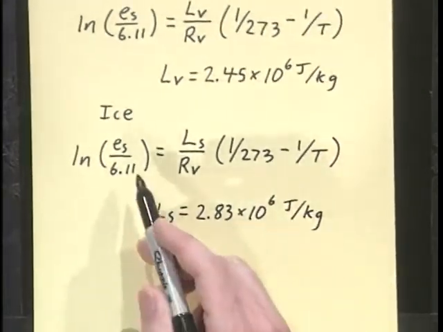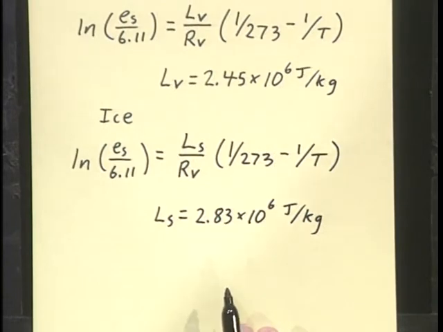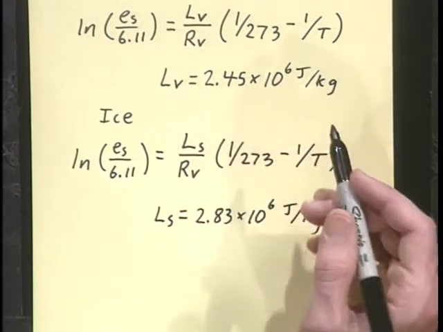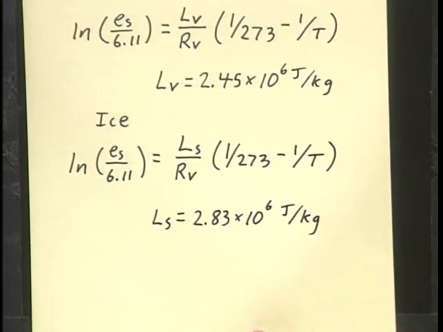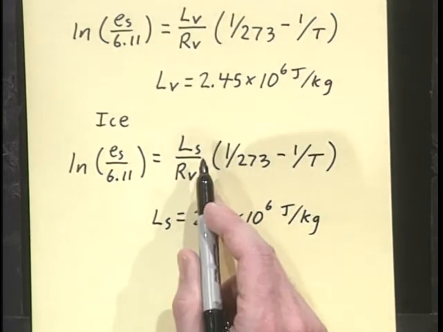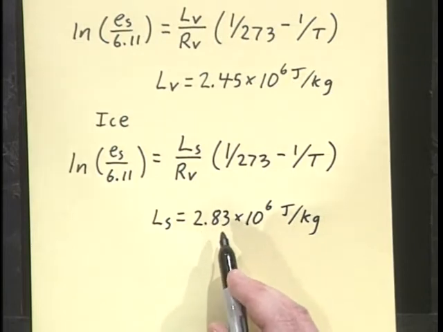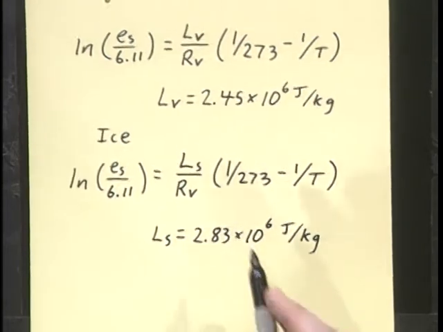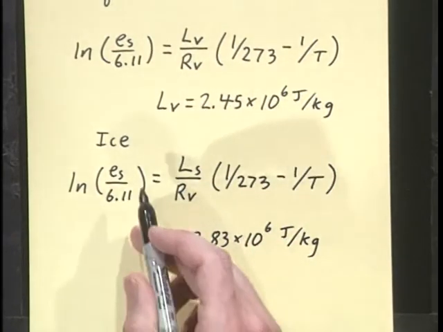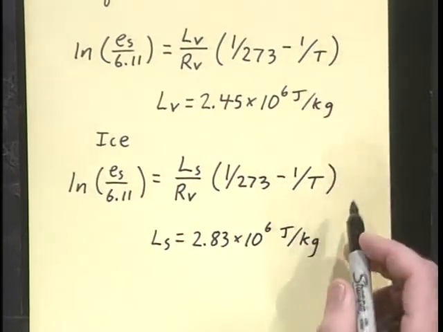But when you're looking at the saturation vapor pressure of ice, you do not look at vaporization, you're looking at a sublimation type process. So it has a different constant for L, and this is L sub S, which is 2.83 times 10 to the 6 joules per kilogram. Since these constants are different here, that's going to have implications on what the saturation vapor pressure is, even when the temperatures are the same.